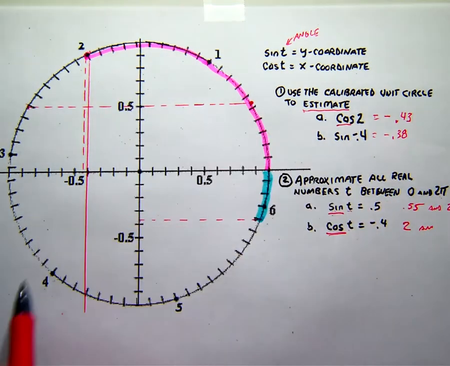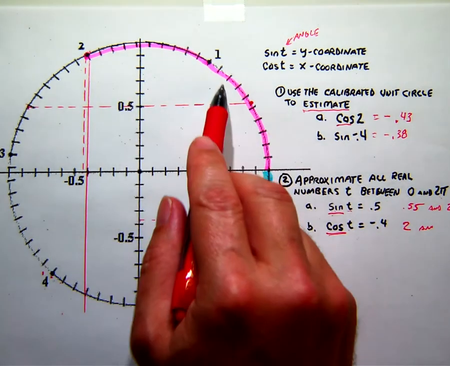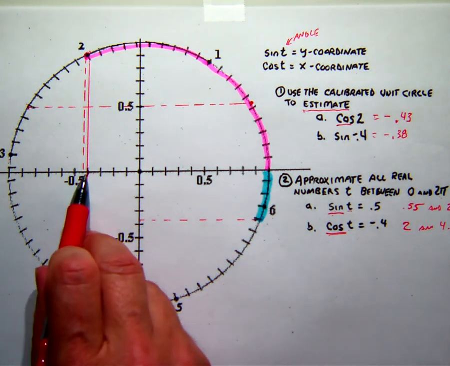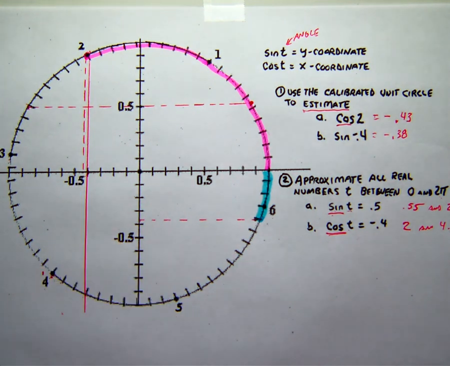And another one at 4. 1, 2, 3, 4.3. 4.3 also has an x value of negative 0.4. So there you go.